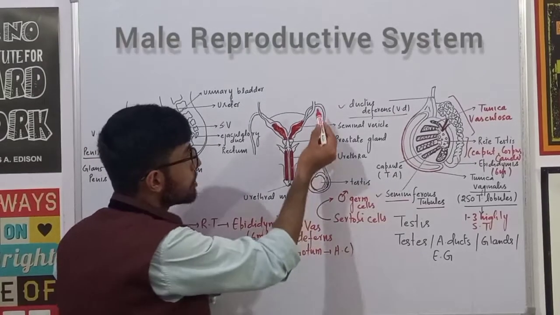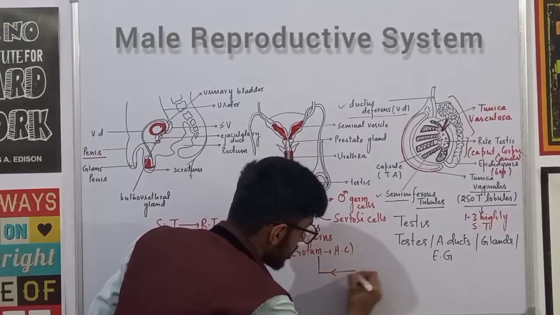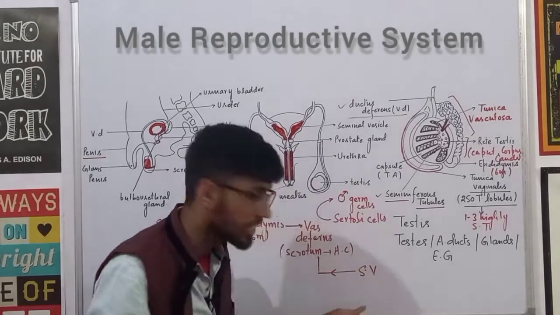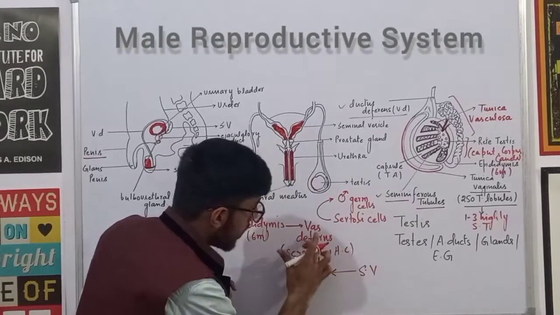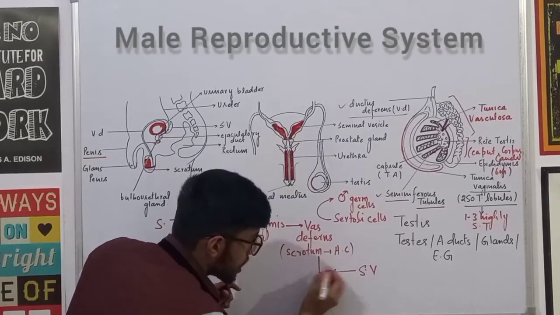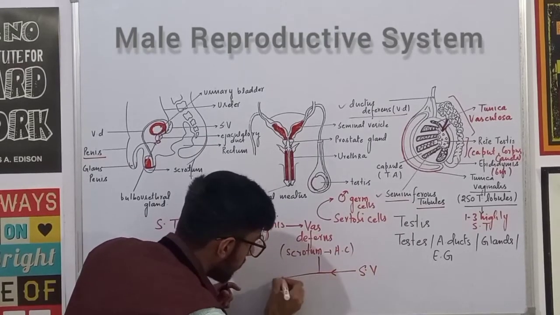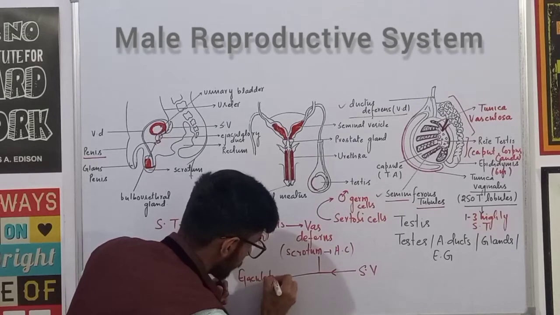Now the sperms from the vas deferens and the secretions of the seminal vesicle, known as seminal fluid, travel along into the ejaculatory duct.